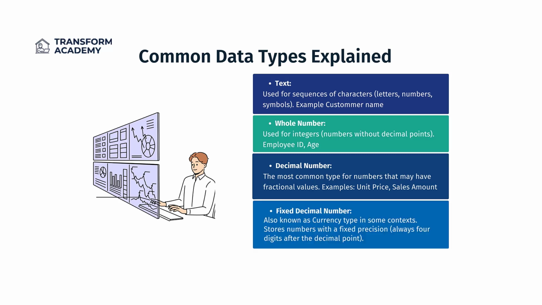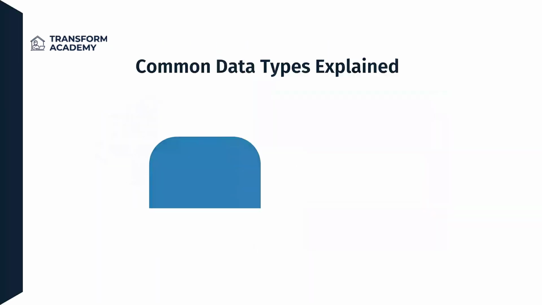Fixed decimal number, also known as currency type in some contexts, stores numbers with a fixed precision, always 4 digits after the decimal point. Ideal for financial data where exact decimal representation is crucial to prevent rounding errors.